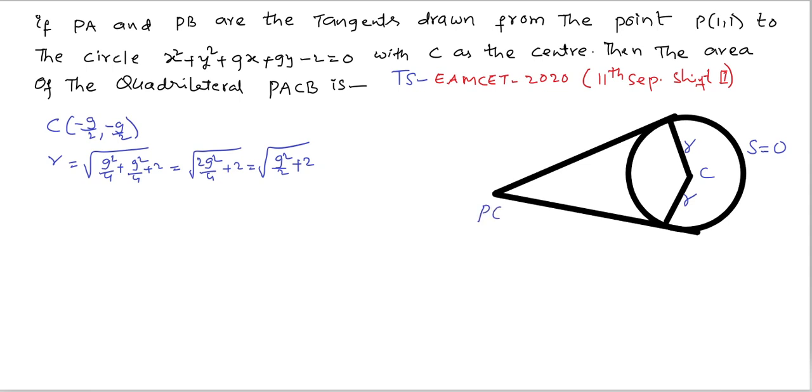P is the point given, that is P(1, 1). The tangents touch the circle at A and B. Here PACB is a quadrilateral. Now here PA is equal to the length of the tangent.